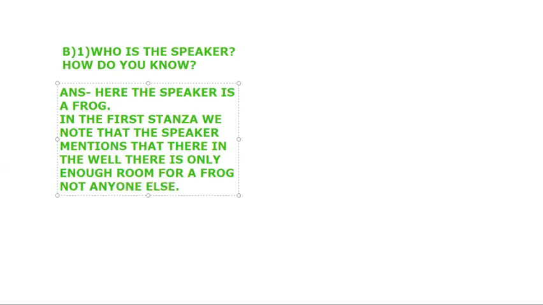What is the meaning of this? In the first stanza, we note that the speaker mentions that there in the well, there is only enough room for a frog, not anyone else, और किसी के लिए जगह नहीं है.